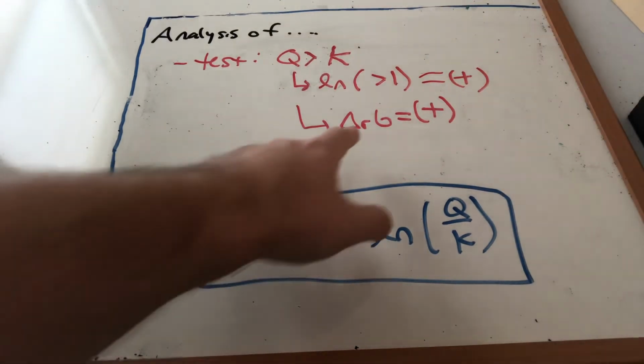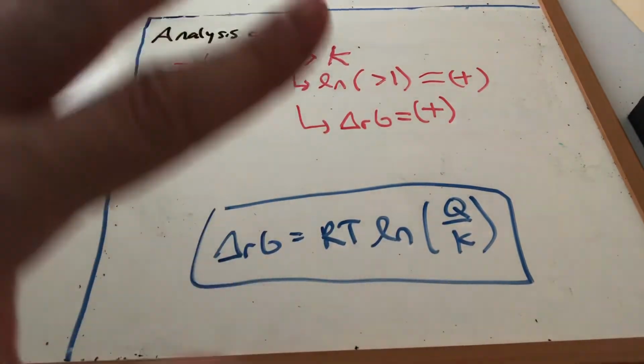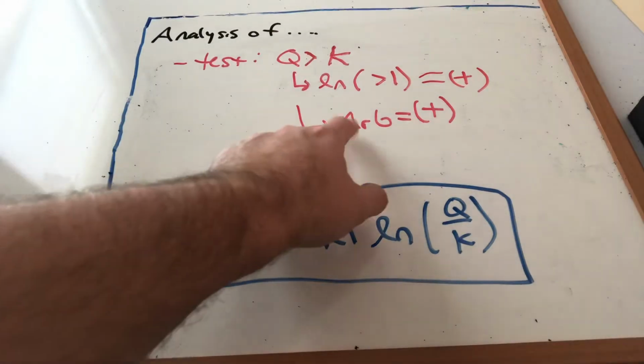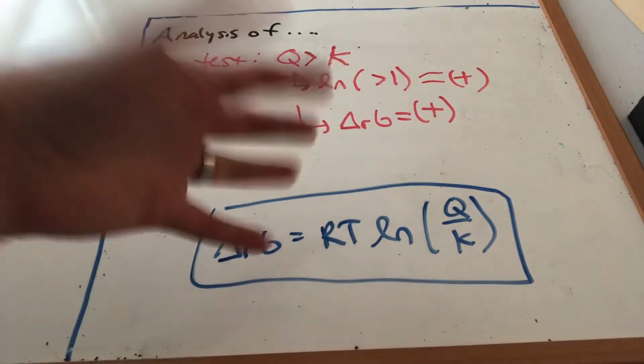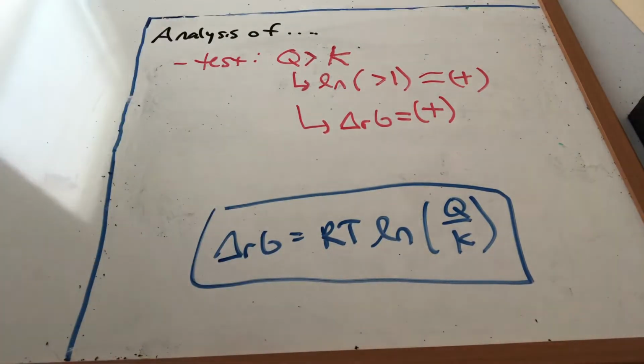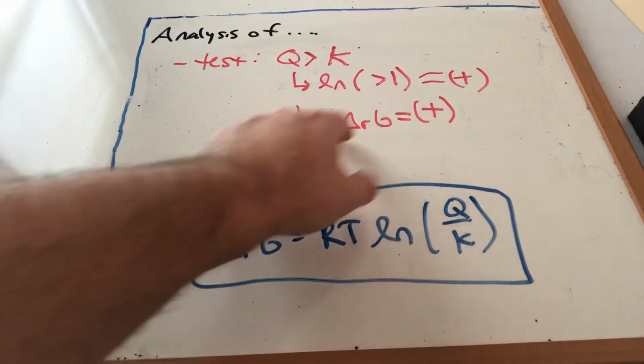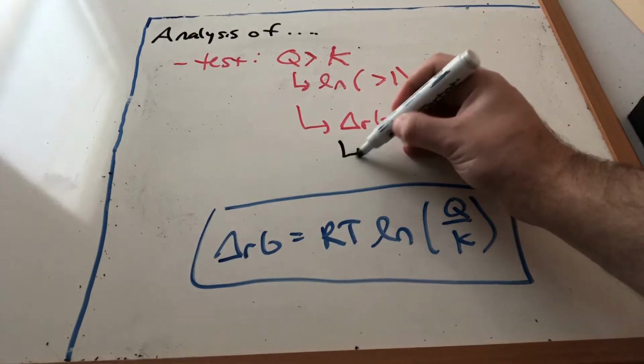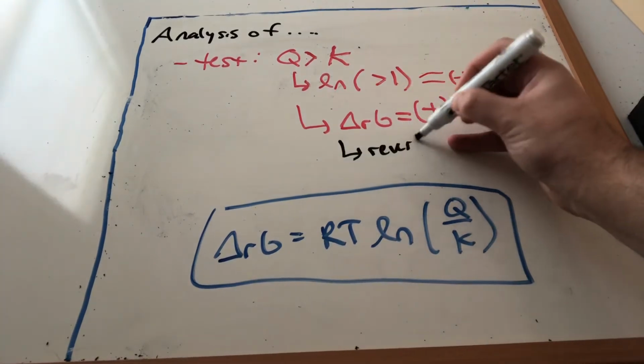Now remember what G has to be. How it maps onto the second law is, remember we introduced that sign convention where the process that gives energy has to be negative to be spontaneous. Well, here it's positive. So how do we interpret this result? The reverse reaction is spontaneous.